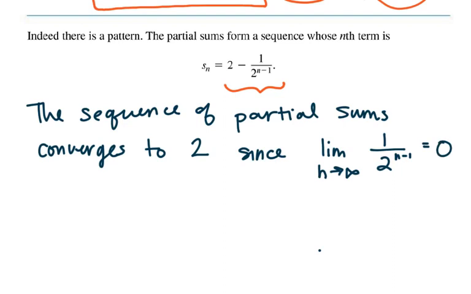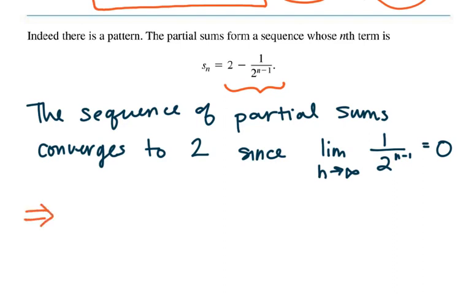Looking at this sum, if those terms became infinitely large, this last term would disappear if you plugged infinity in, because 1 over 2 to the infinity, that's a huge number. 1 divided by a huge number, we know is 0, or tends towards 0.